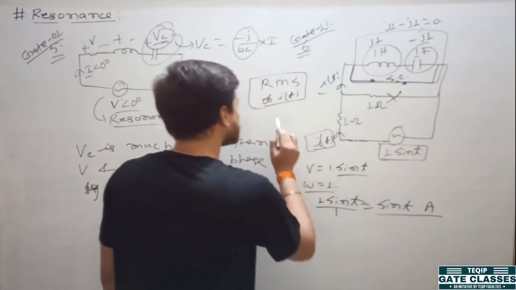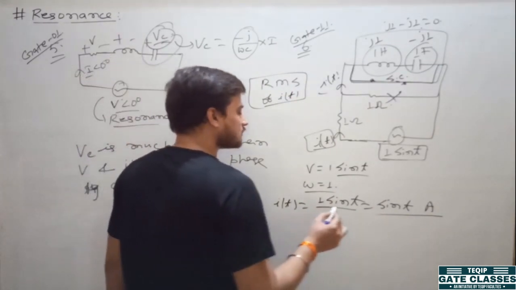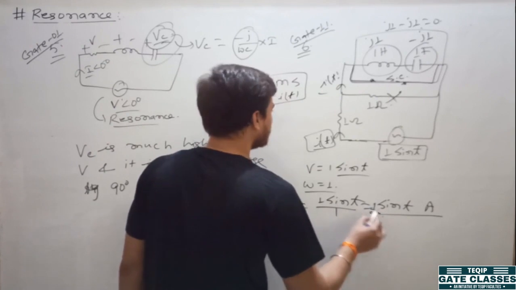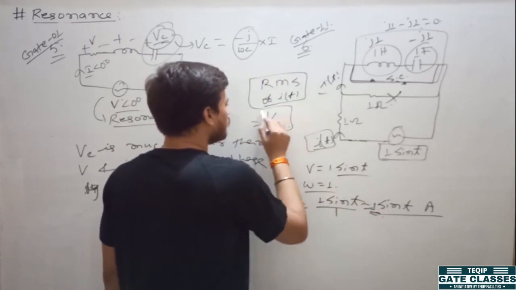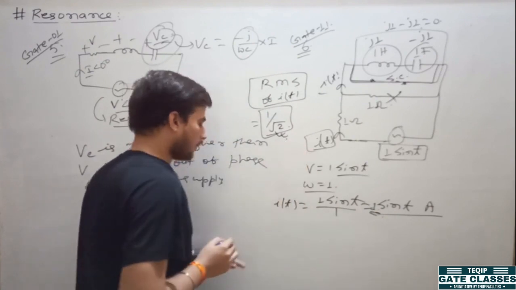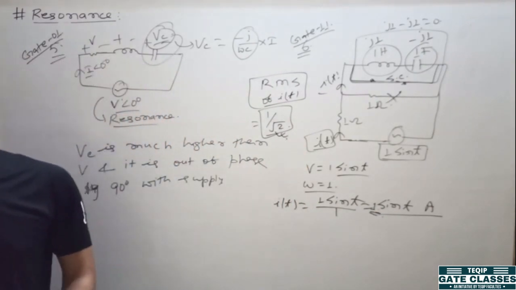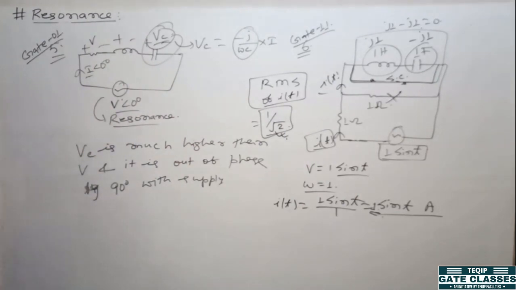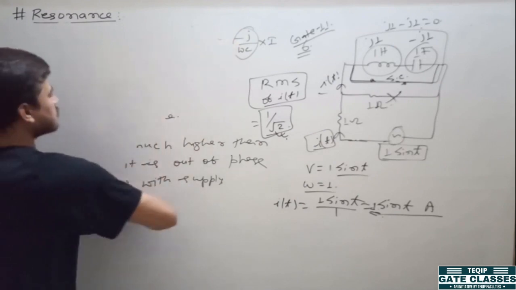Now they are asking you RMS value of IT. See, this is the peak value. So RMS value will be equal to 1 upon root 2. That means peak divided by root 2 is equal to RMS value. Clear? So let us discuss one more question.